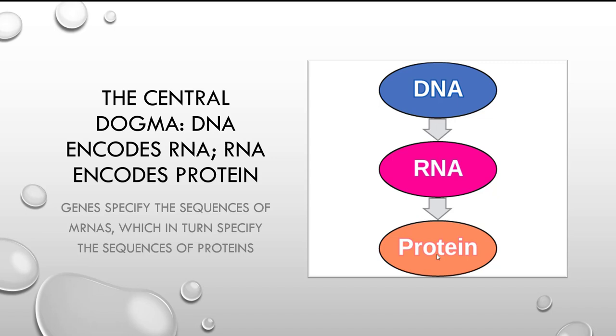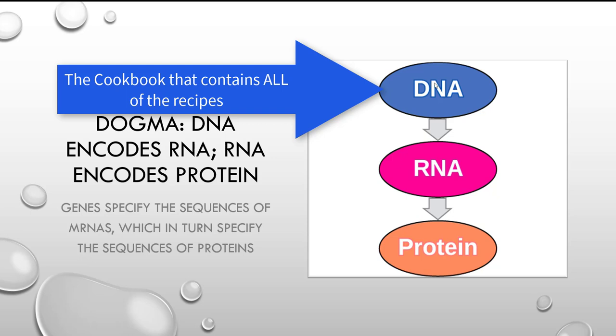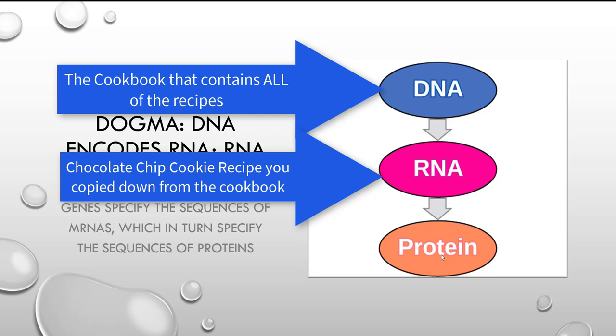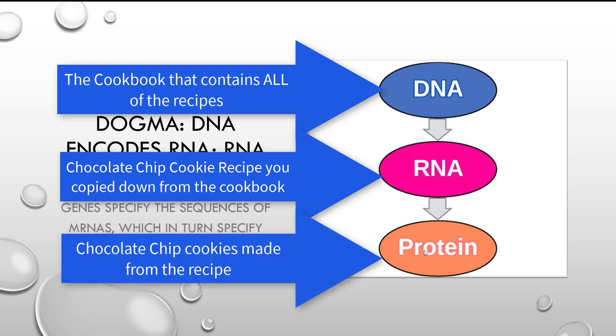I like to think of the DNA as the cookbook, the RNA as a recipe from the cookbook, and the protein as the chocolate chip cookie that you end up making. The cookbook has all the recipes in it, but you only need the chocolate chip cookie recipe. So the RNA is the recipe that you copy down from the big cookbook, and then you take that recipe and make the cookies from it.